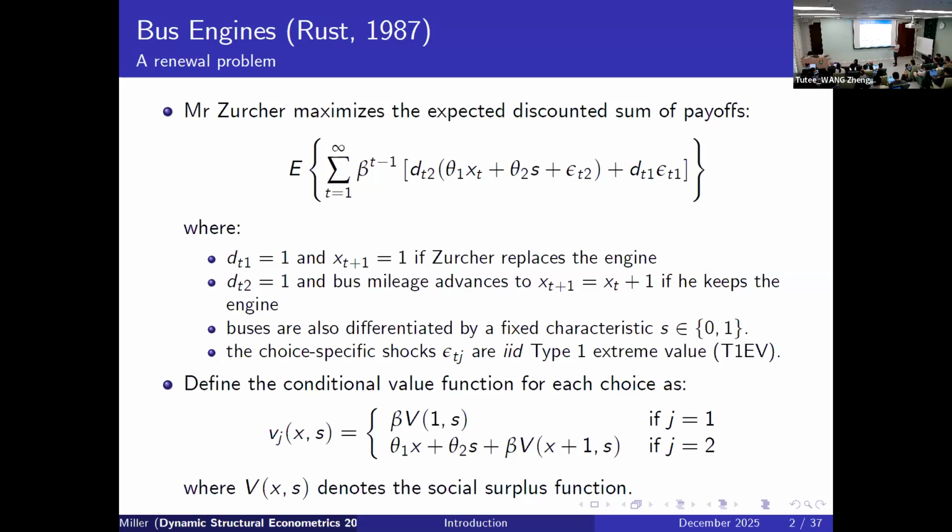Whereas if on the other hand, you maintain the bus, you'll have another mile on it. So these are the miles that you've already got. This is the type of bus engine. You'll have another mile on it. And that's how it's going to progress next period. Okay? So that is our setup for Mr. Zurcher's bus garage.